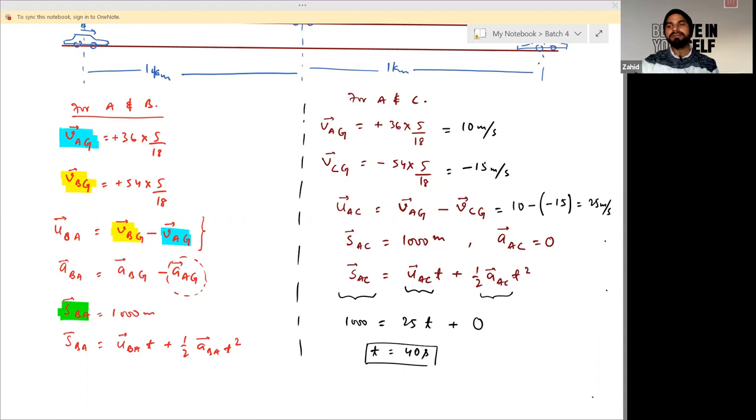Good, Akash. So the acceleration part you have to just leave it, right? Because no values are there. Acceleration BA equals acceleration BG minus acceleration AG. Acceleration of A with respect to ground is 0, but you have to find acceleration of B with respect to ground. So put all the values in this last expression. Take t to be 40 seconds and simplify it.